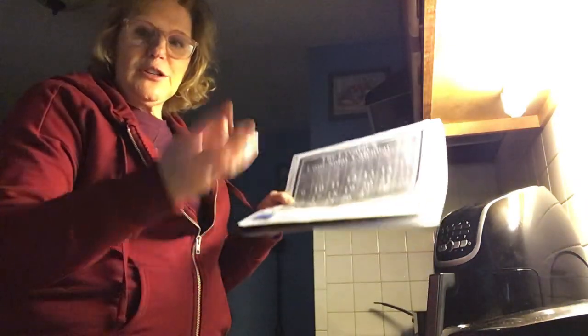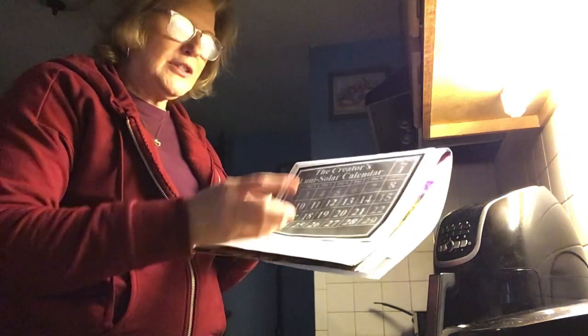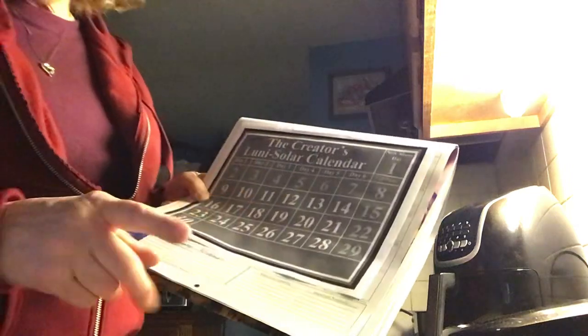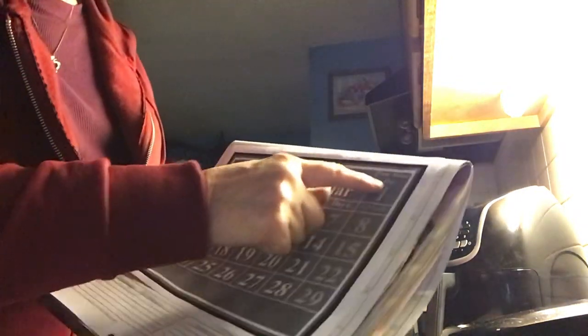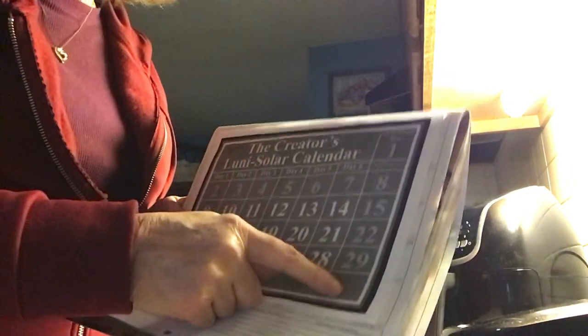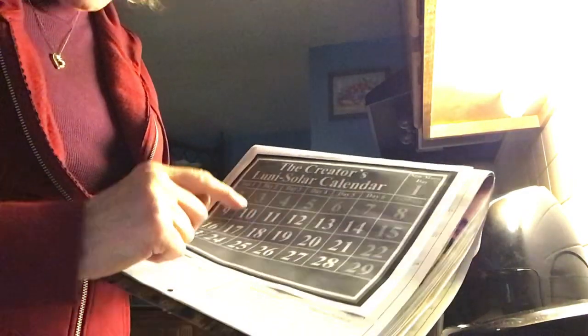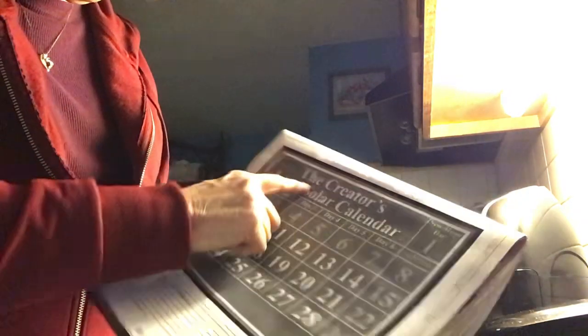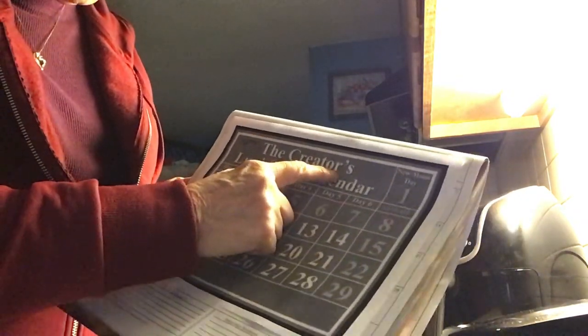I don't have a group that you can join and go to church because they're all following the Gregorian calendar. But if you did, your family, your friends, neighbors, you would have your congregation that day. So that's the way that you do it, and they also call it the Creator's lunisolar calendar.